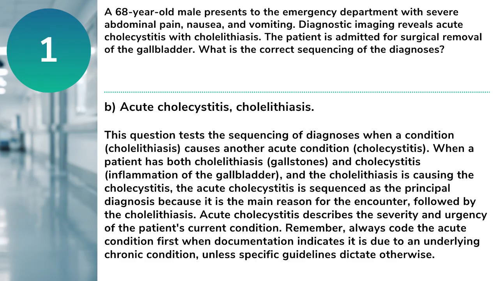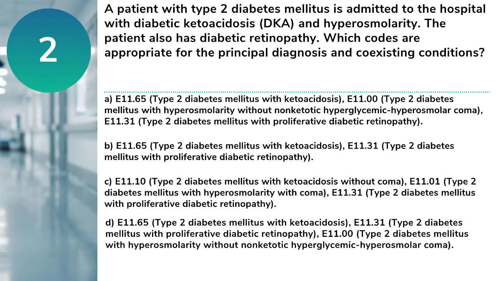Acute cholecystitis describes the severity and urgency of the patient's current condition. Remember, always code the acute condition first when documentation indicates it is due to an underlying chronic condition, unless specific guidelines dictate otherwise.